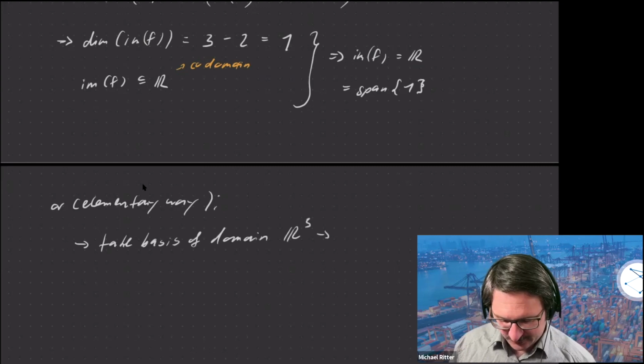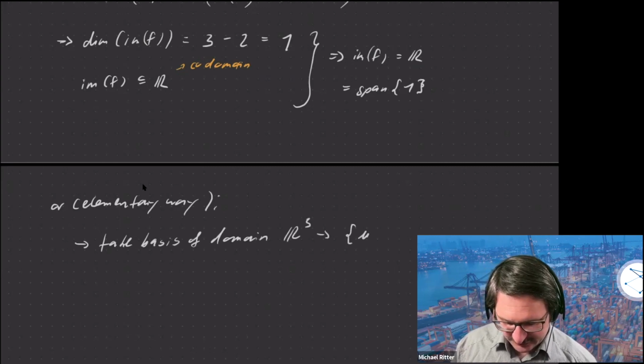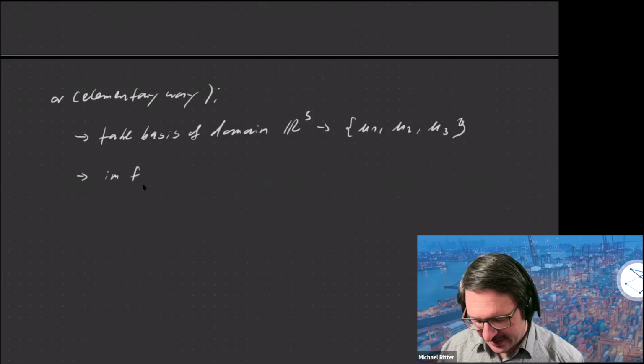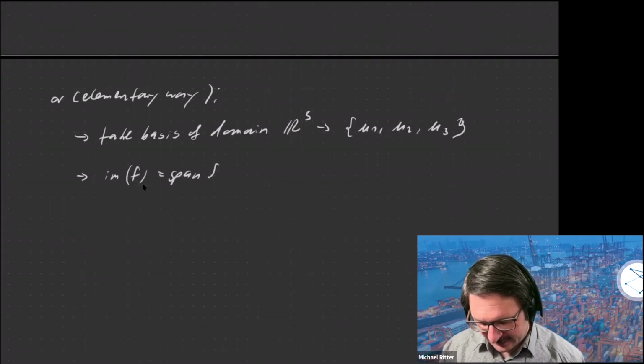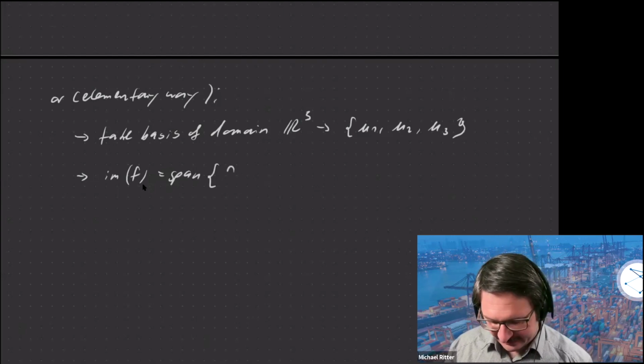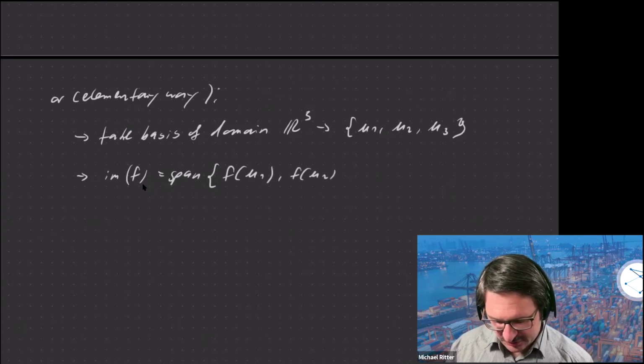So for example, we could take the vectors u1, u2, u3, the unit vectors. And then the image is necessarily spanned by the values of f on that basis. Every vector in the image needs to be reachable that way somehow.